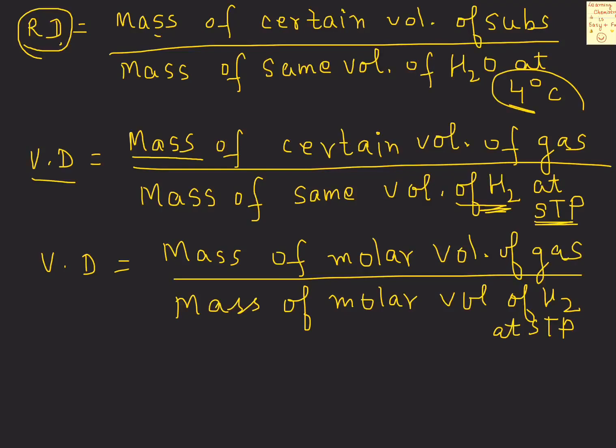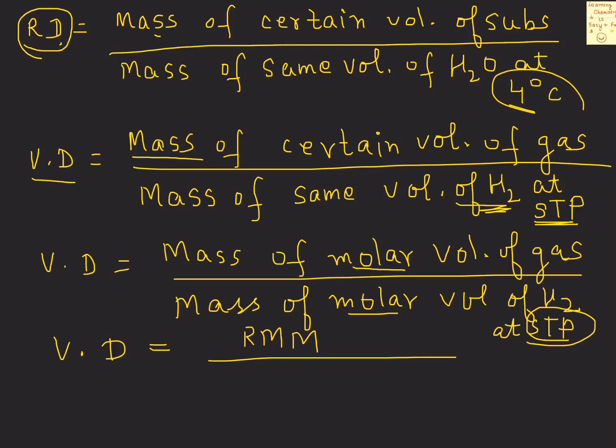Now, if those same conditions of temperature and pressure are STP, and the volume of the gas and hydrogen that I am taking is 1 molar volume, that means the volume of 1 mole at STP, then vapor density is the mass of a molar volume of the gas divided by the mass of a molar volume of hydrogen at STP.